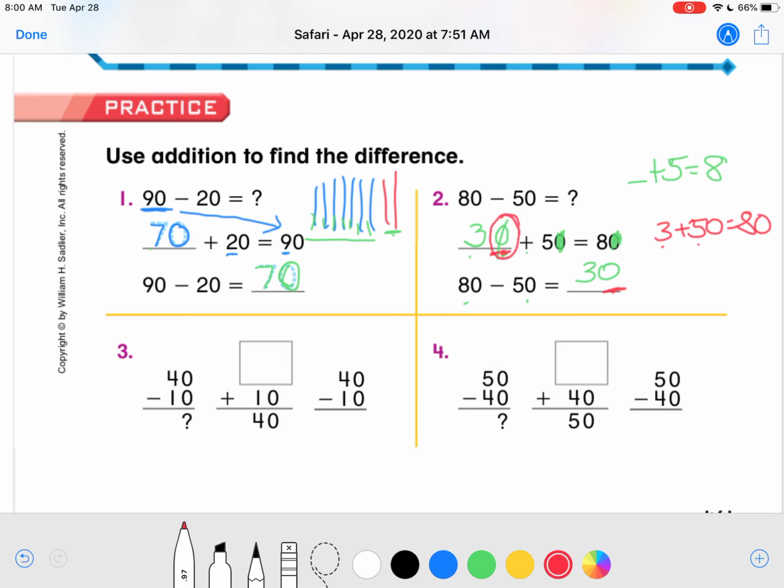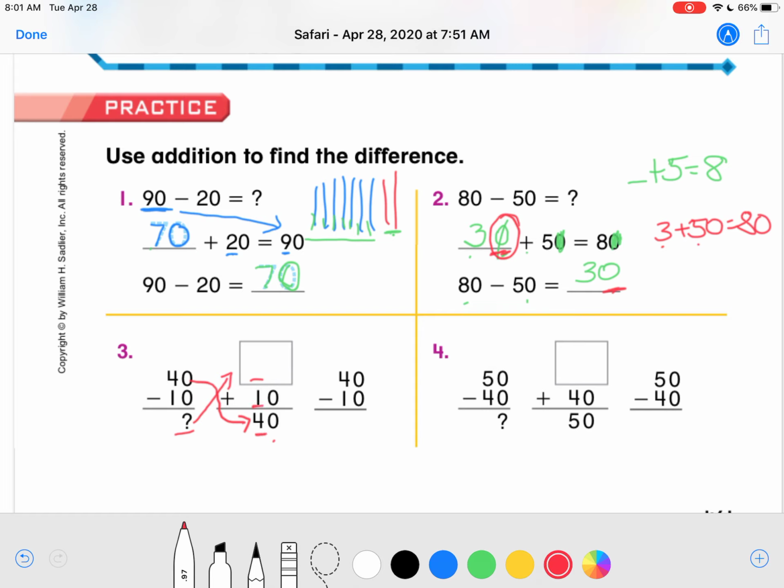Now they've written them tall, and when it's tall, you can kind of see how they switch places. So this 40 moves down here, right? And then our question is actually what's come up here. So 40 minus 10 equals blank. So now we're saying something plus 10 equals 40. Or something plus 1 equals 4.